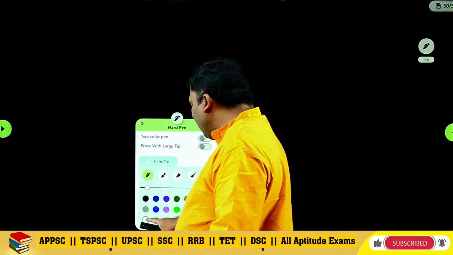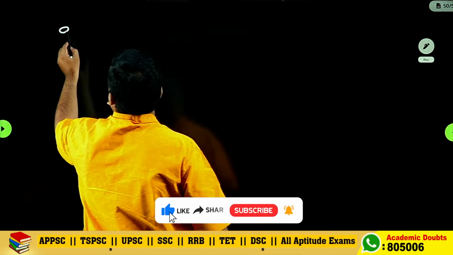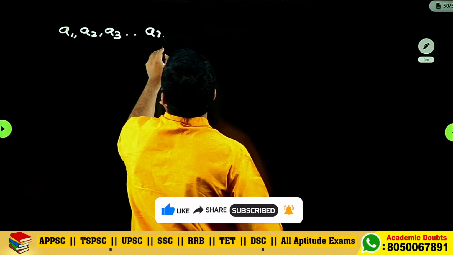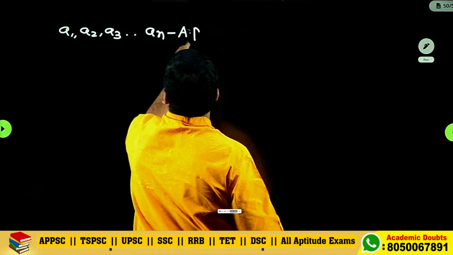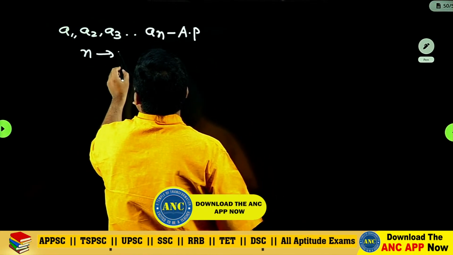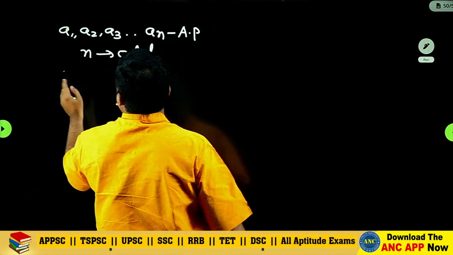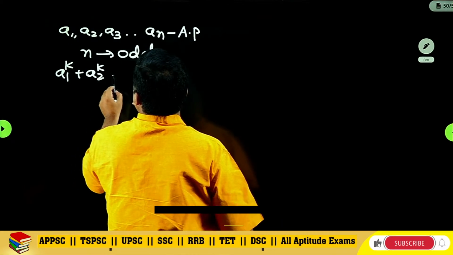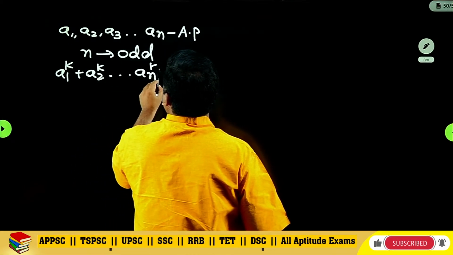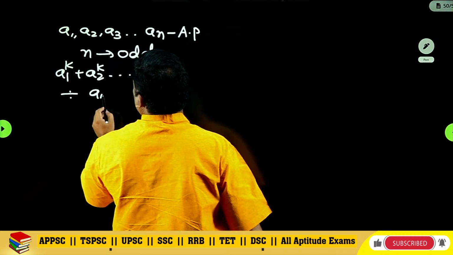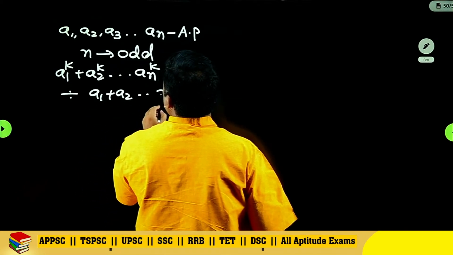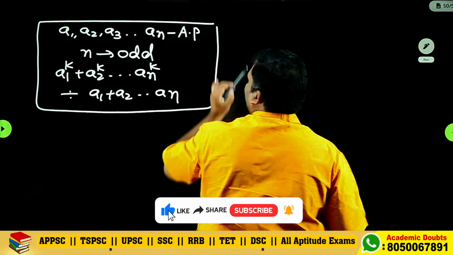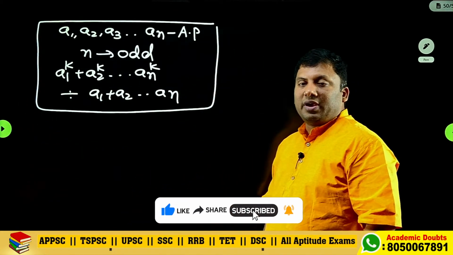The derivative we will write: if A1, A2, A3 and so on up to An are in arithmetic progression and the power is an odd number, then A1 power k plus A2 power k and so on up to An power k is always divisible by the sum of the bases. Very, very important concept. Please make a note, sir.